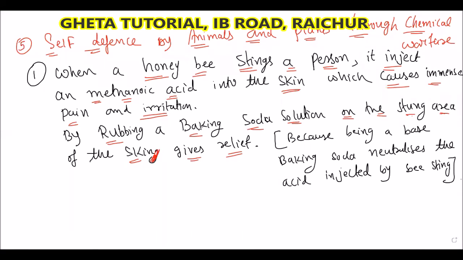Why do we apply baking soda? Because baking soda is a base which neutralizes the acid injected by the bee. When acid and base react, a neutralization reaction takes place.